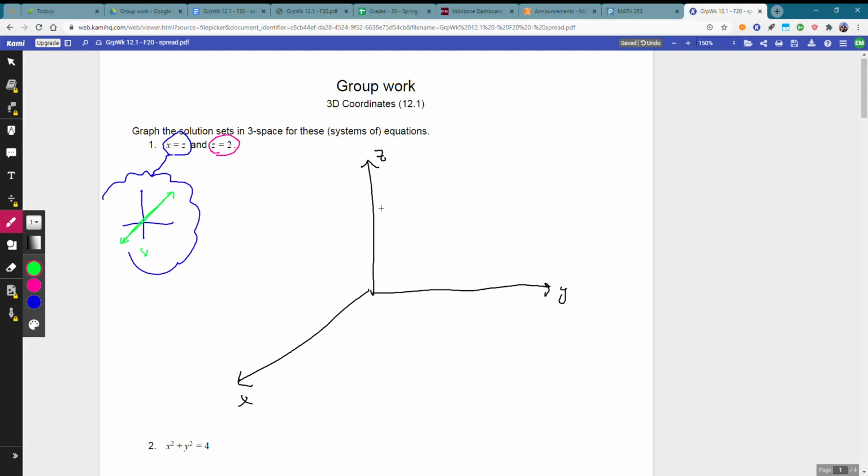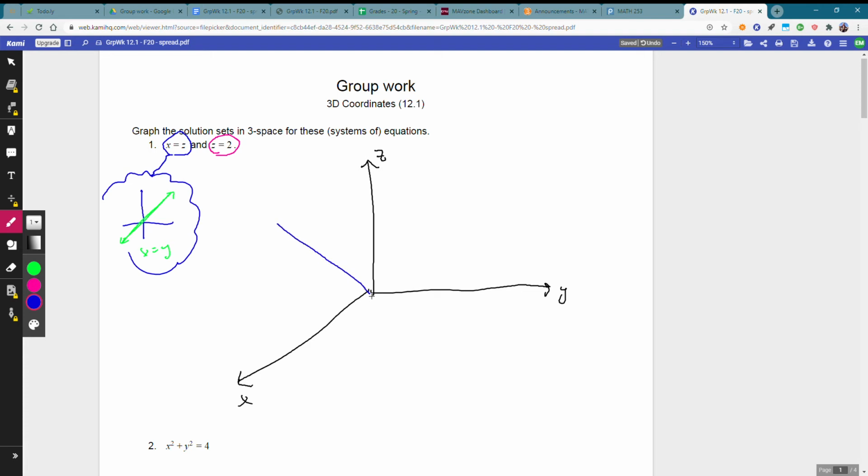Where x equals z, we're going to have something similar, but here this is going to be in the xz plane, and again we're coming out at 45 degrees.